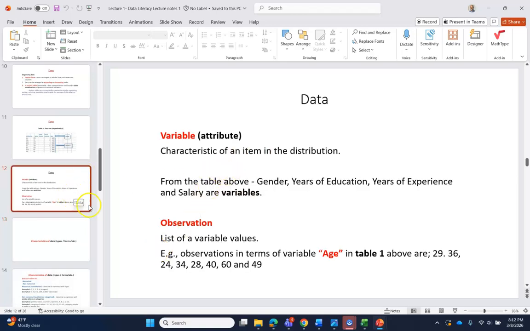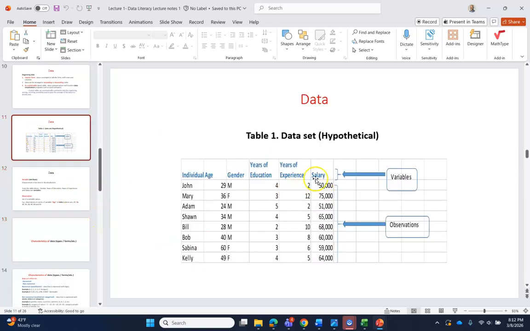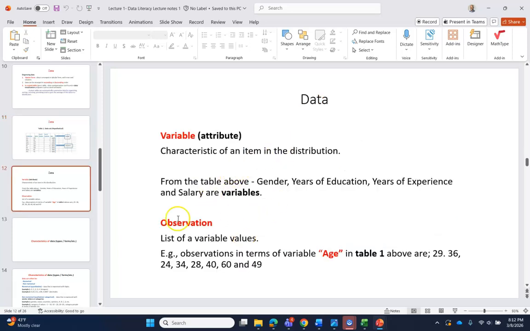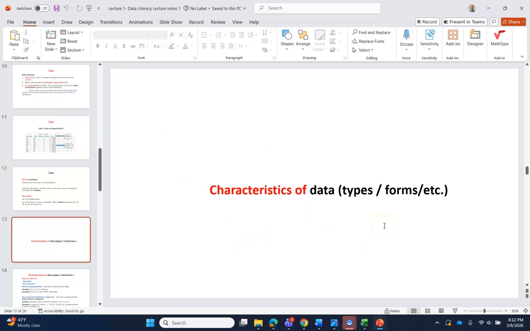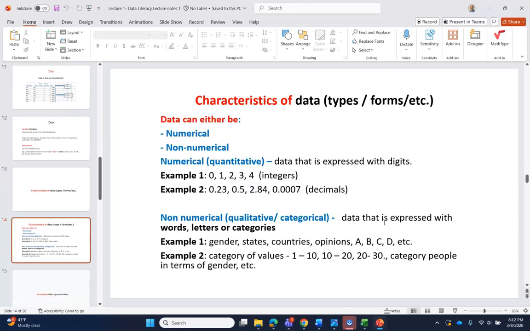So as I was explaining here, we have variables and also we have observations. And we have explanations about variables or attributes and also the observations from this hypothetical table. Then we started looking at characteristics of data.